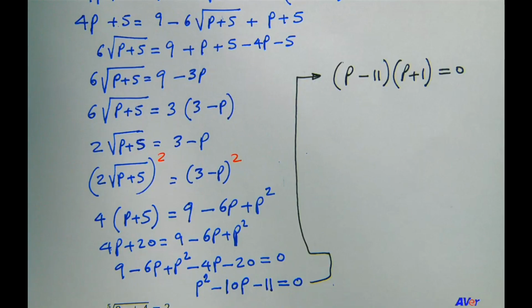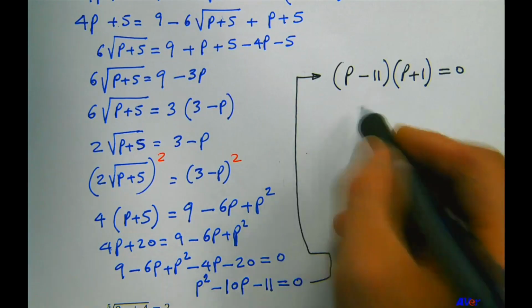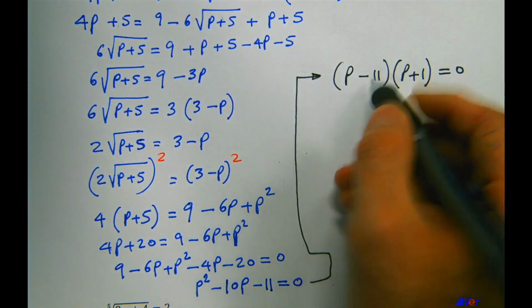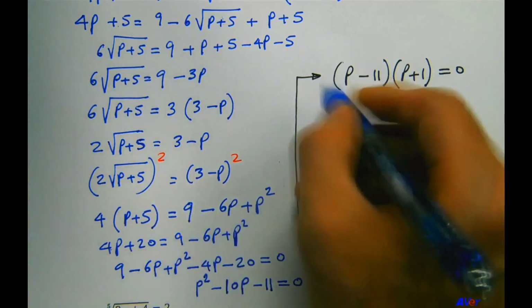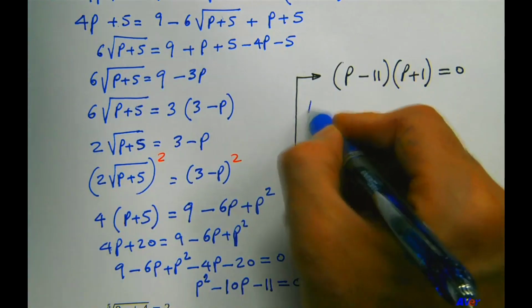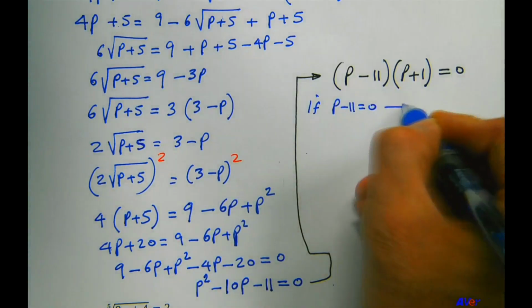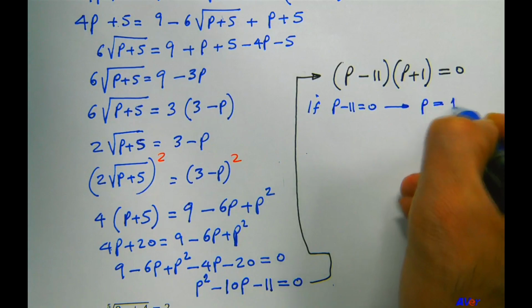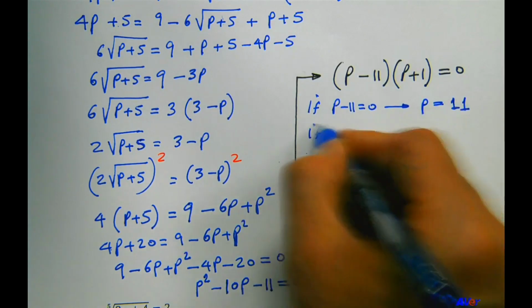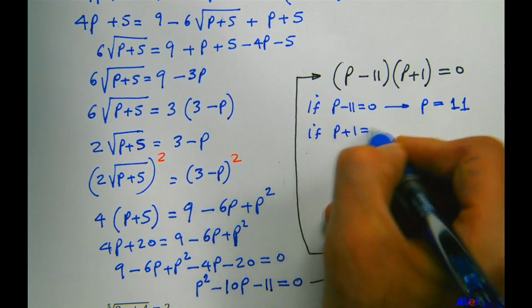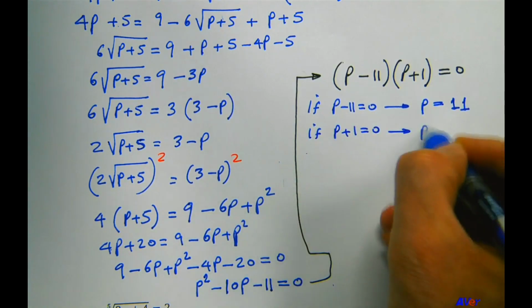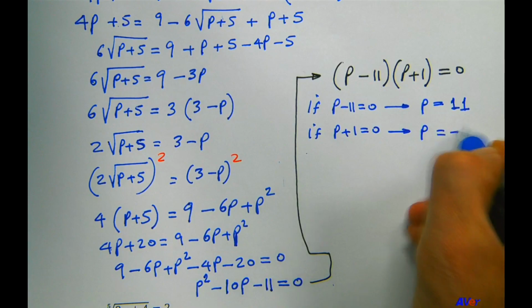Okay? Then let's set each one equal to 0 and solve for the solution. So if p minus 11 equals 0, then p equals 11. If p plus 1 equals 0, then p equals minus 1.